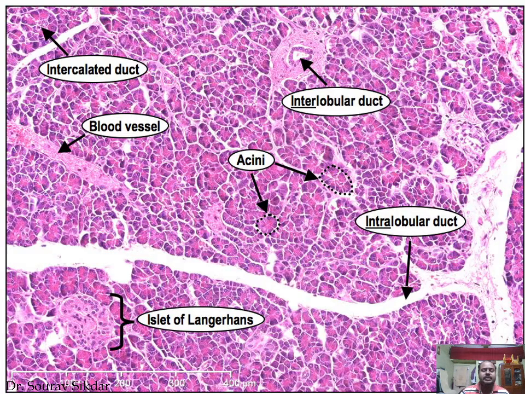These acinar cells or acini are spread throughout the section of the pancreas.